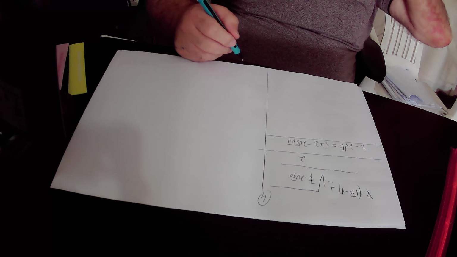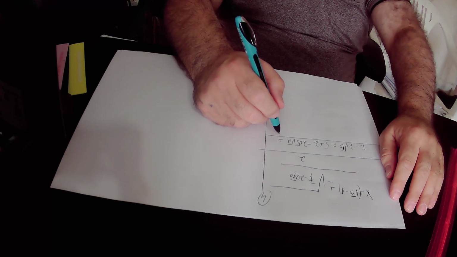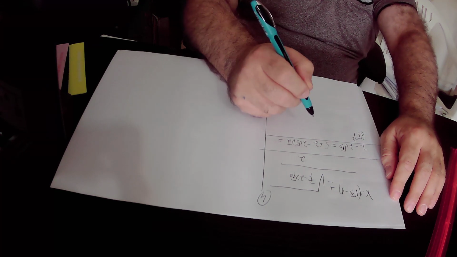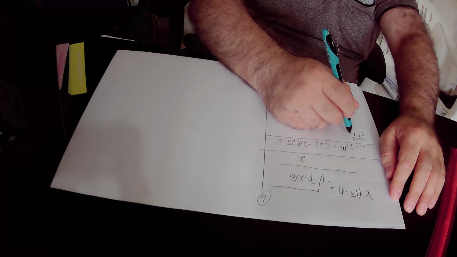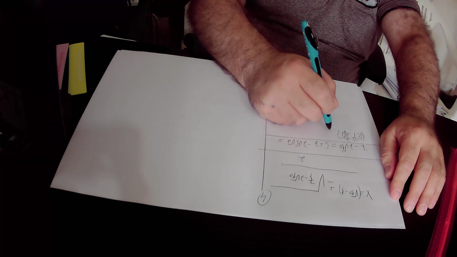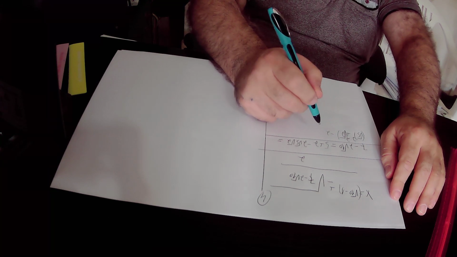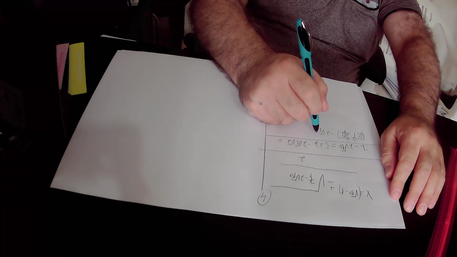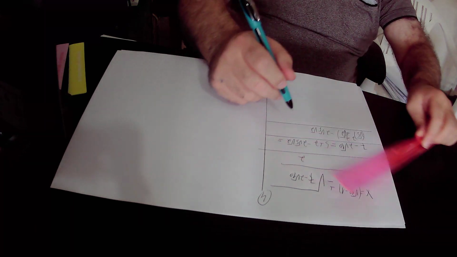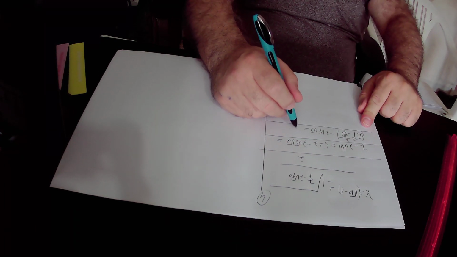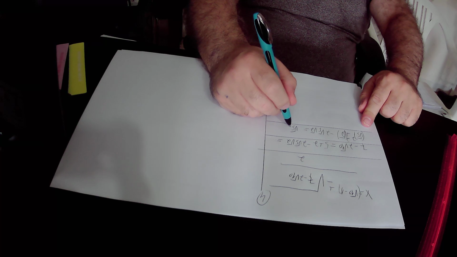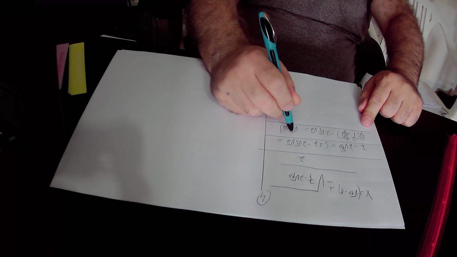And 5 is the square root of 5 squared, 2 is the square root of 2 squared, minus 2 times the square root of 5 times the square root of 2. Actually, this expression equals the square root of 5 plus the square root of 2 squared.